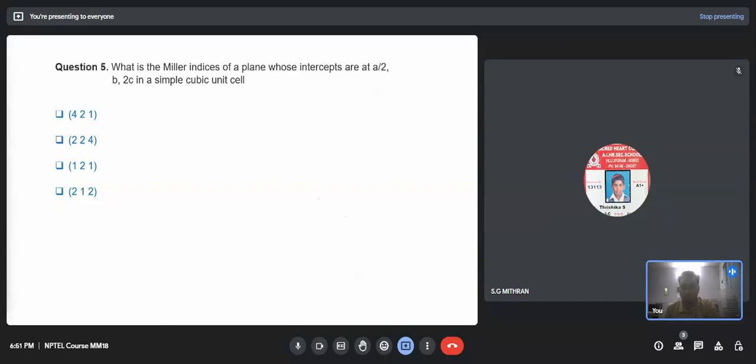So the answer will be what we have already done. Once again I'll write the intercepts a by 2, b, 2c, and we'll take just numerical values, since it is a cubic unit cell, so a, b, c will be equal. That's why I'm taking only numerical values.